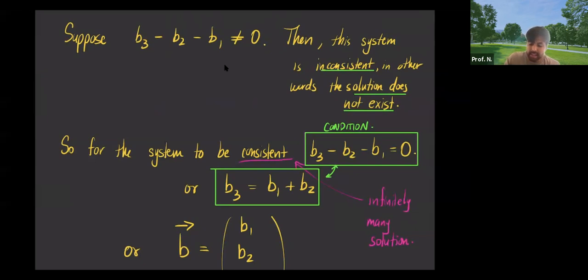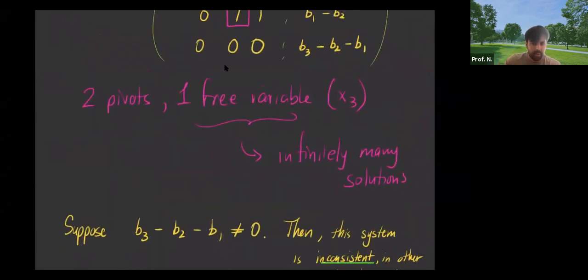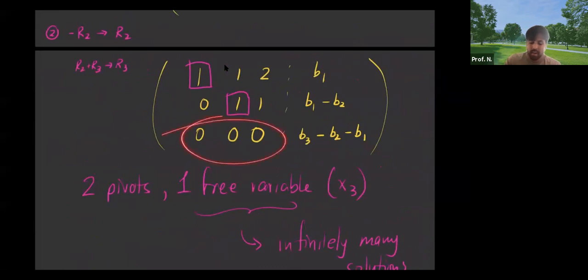This is the condition that must hold in order for the system to have infinitely many solutions. If this is not true, then your system is no good. It's inconsistent. There is no solution. That's what we got for this one, right? There's infinitely many solutions. We knew that because of our row of zeros, right? We have one free variable.